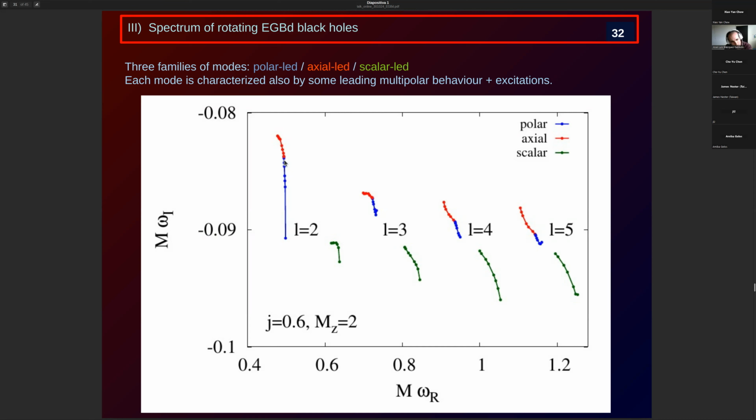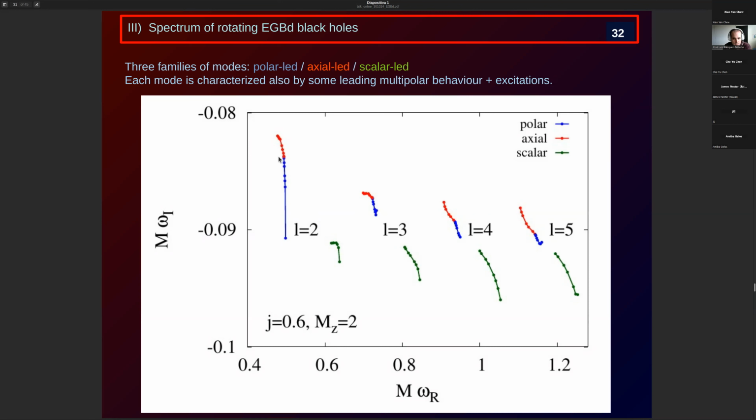Now what you can do is increase, you remember the diagrams I showed you before, the alpha coupling. As you increase the alpha coupling, you can see how the axial LED and the polar LED modes for the different multipolar numbers change.